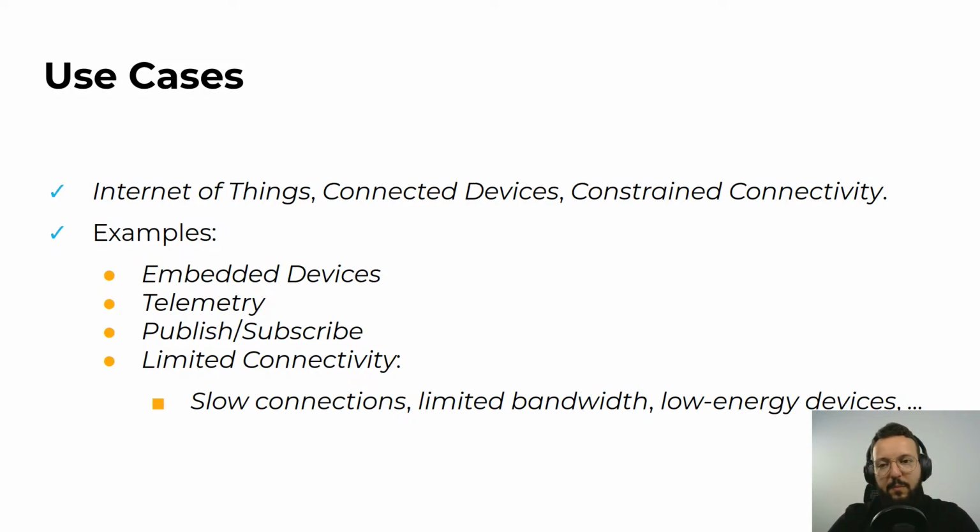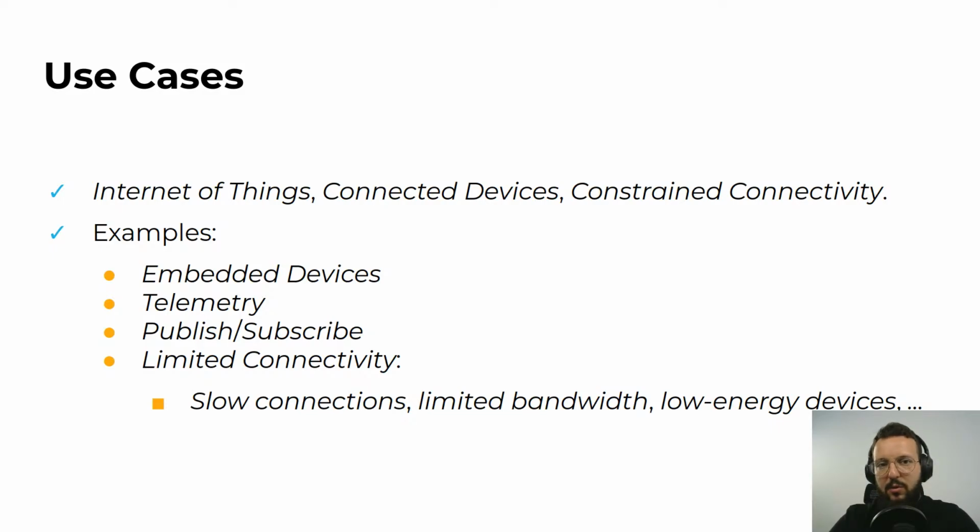So if you would like to have reliable messaging in an environment of constrained connectivity, I can strongly suggest MQTT and leveraging, for example, the AWS IoT Message Broker. You may remember from the third episode, when we talked about Amazon MQ, that Apache ActiveMQ also supports MQTT, and that's true.